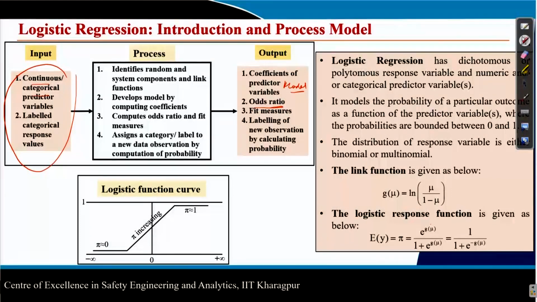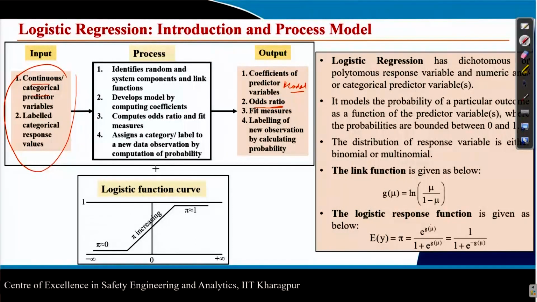And what are the things you have to do? As I told you, first you have to understand the link function and systematic part, then only you will be able to use logistic regression, and then you have to develop a certain parameter estimation algorithm.